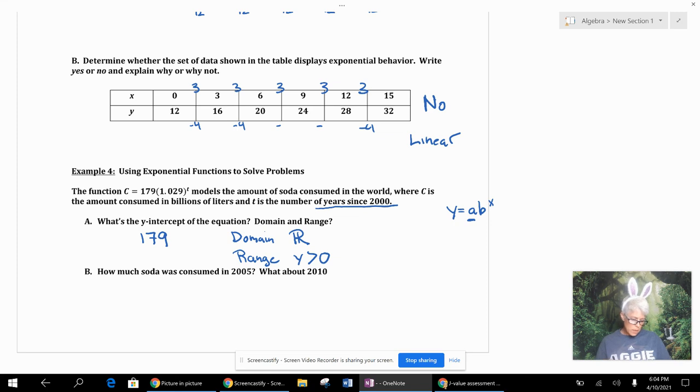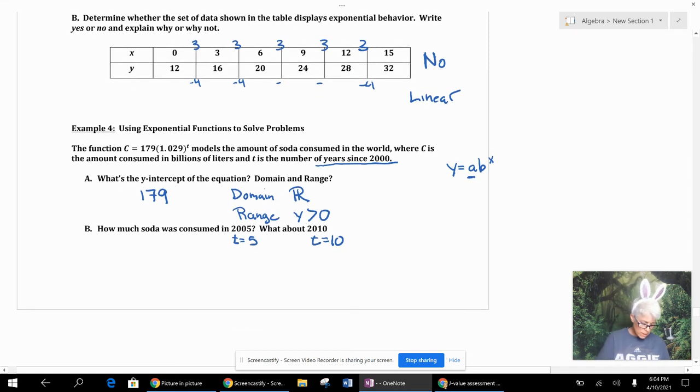And then it wants to know over time, 2005, where t would be 5, and 2010, where t would be 10, because it's years since 2000. So we're going to take the formula that they already gave us. We want to know what C is, how much is consumed.